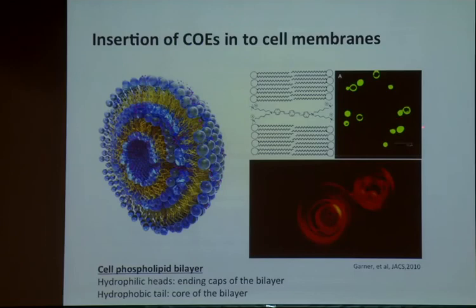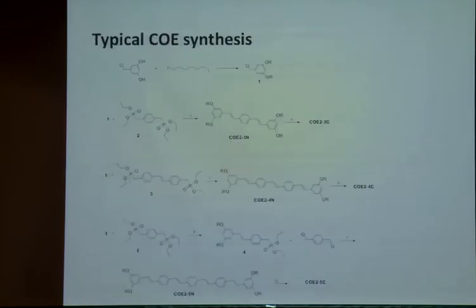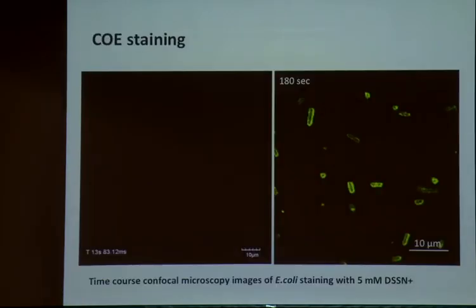It's more clear in this yeast image. You can see some of the COEs staying inside, but we are still trying to understand why sometimes it's staying inside and sometimes only in the membrane. But in the E. coli images I have taken, in most cases only the membrane is stained.